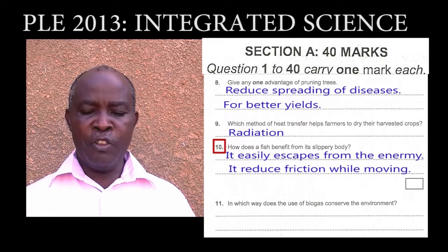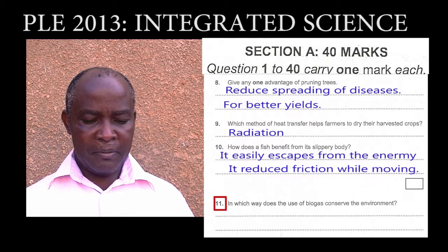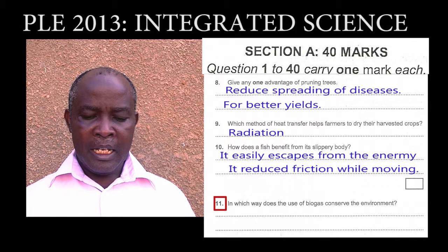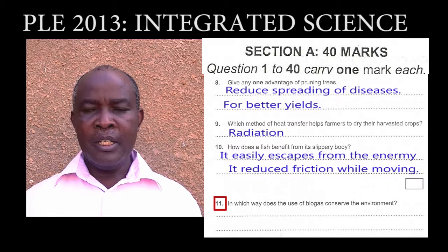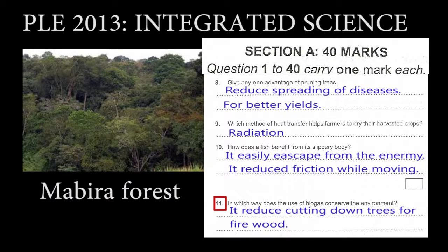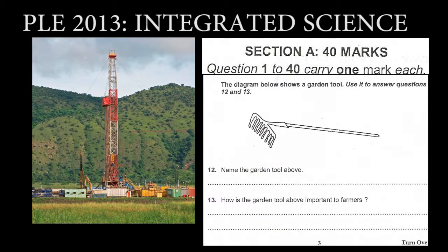It reduces friction while moving. Number 11, in which way does the use of biogas conserve the environment? To reduce cutting down trees for firewood. To reduce use of petroleum products that would produce carbon dioxide that pollutes the environment.